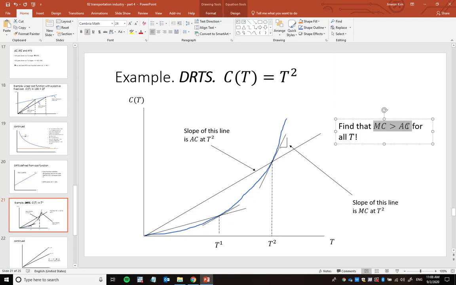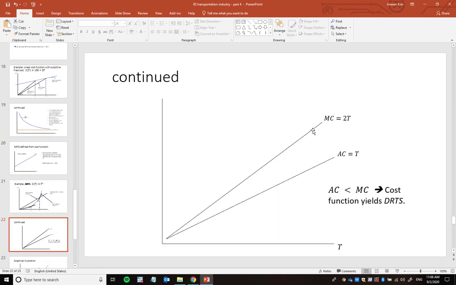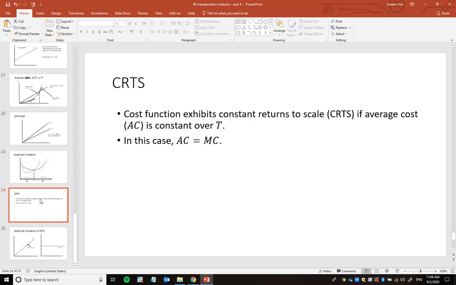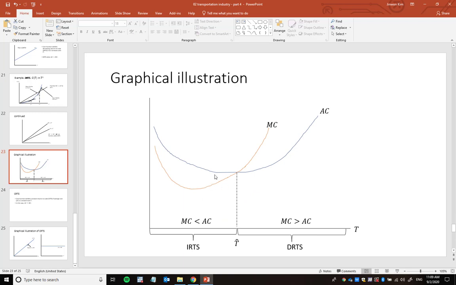So marginal cost is always larger than AC, and we have the DRTS cost function for this particular case. Finally, whenever we have a larger average cost than marginal cost, we have IRTS. When we have larger marginal cost than average cost, we have DRTS. When AC is going up, we have DRTS. When AC is going down, we have IRTS.